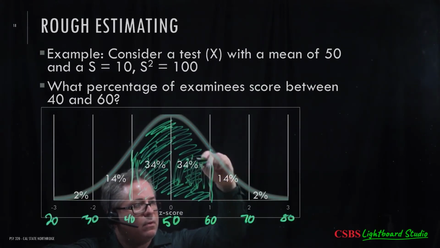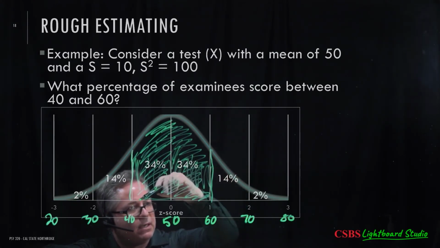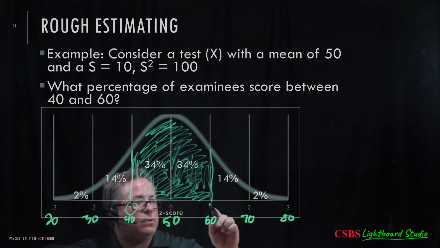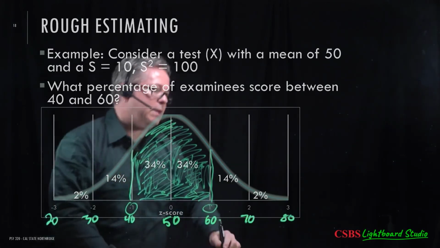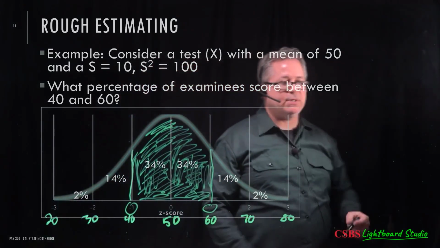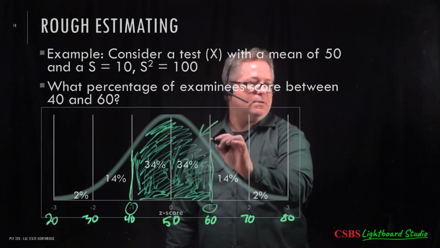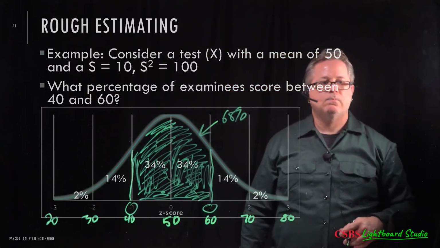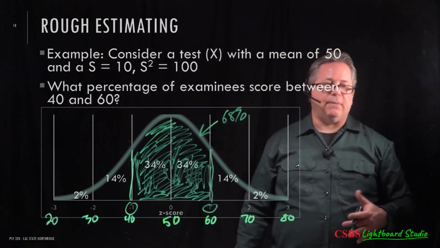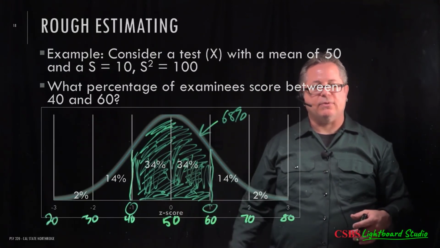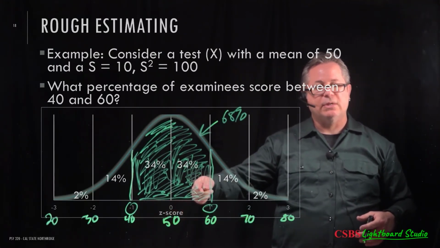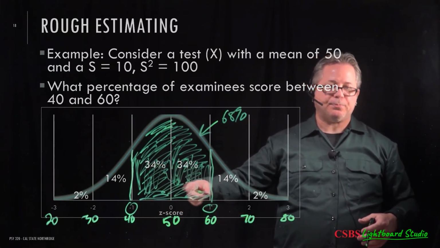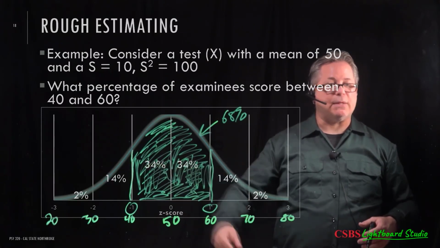Because it falls exactly at -1 and +1, we know that's 34% plus 34%, which tells me this piece here is 68%, and I'm done. I've basically figured out the answer just by knowing where these correspond and that 1 and -1 correspond to 34% away from the mean. I can just add them together.